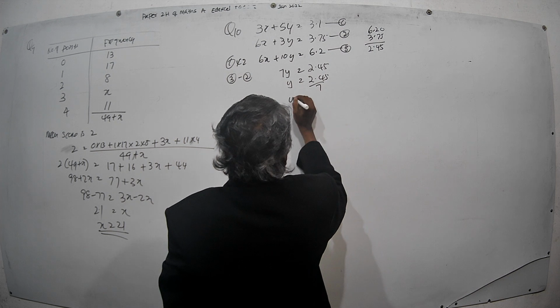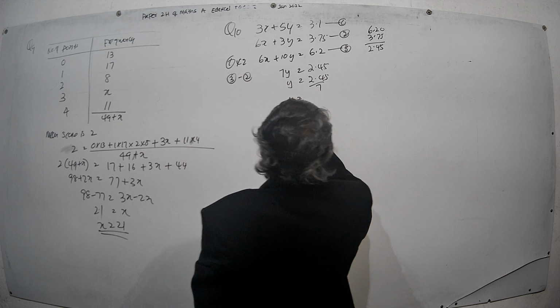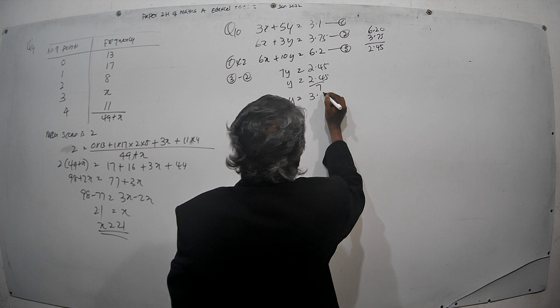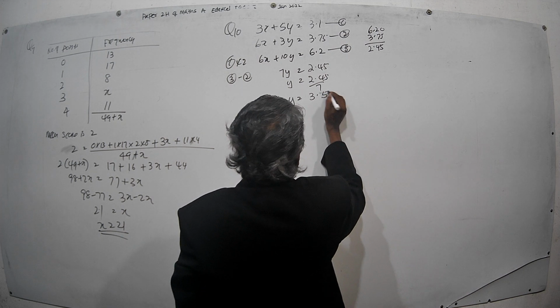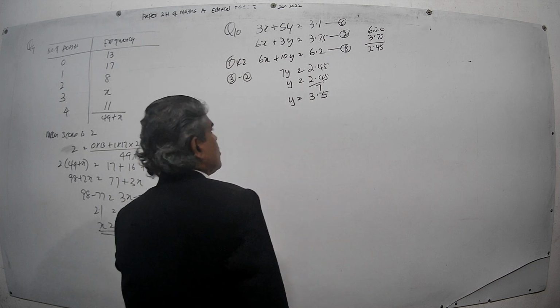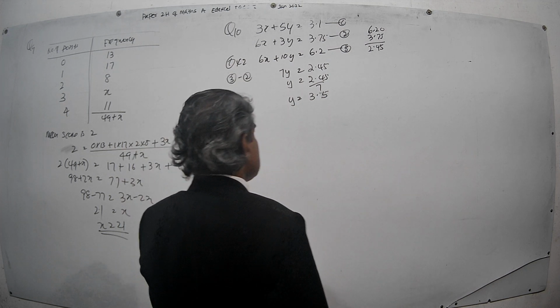How much is y? 7 times 5 is 35, 3 is left.